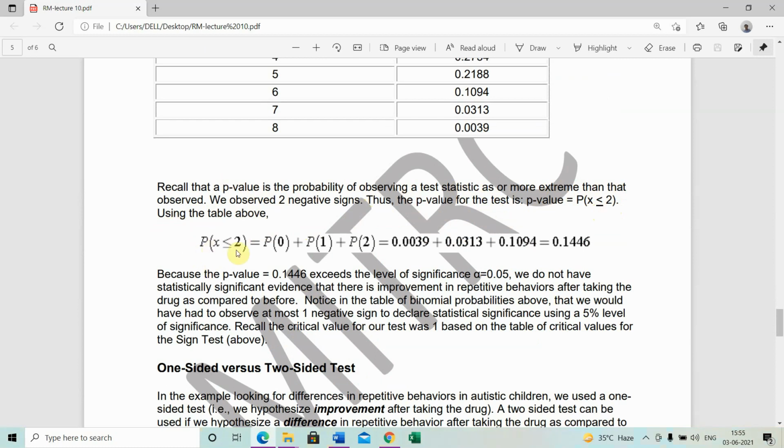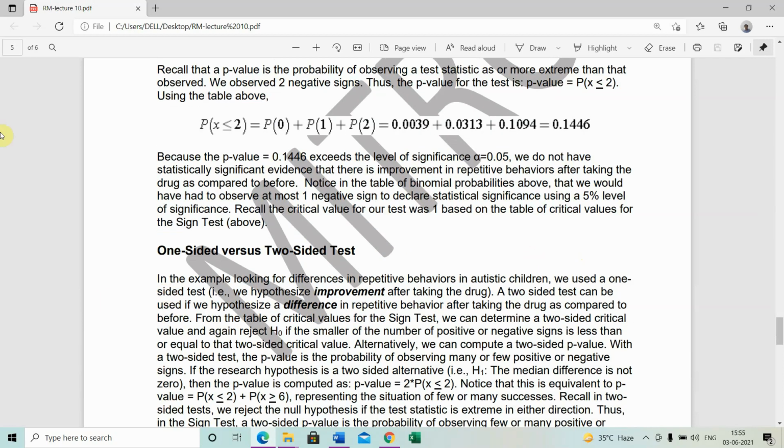Using the above table, P(x less than or equal to 2) equals P0 plus P1 plus P2 equals 0.1446. Because the p-value of 0.1446 exceeds the level of significance alpha equals 0.05, we do not have statistically significant evidence that there is an improvement in repetitive behavior after taking the drug as compared to before.